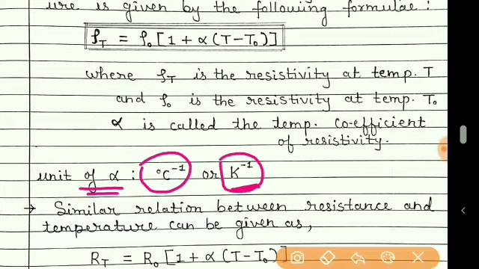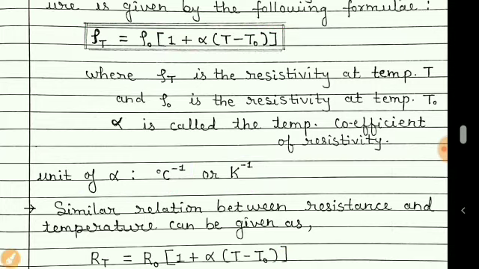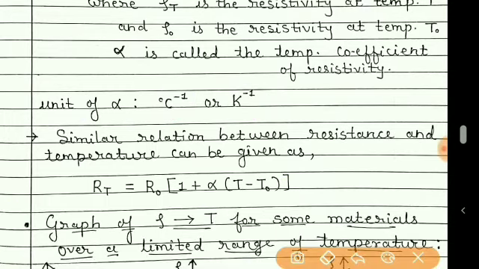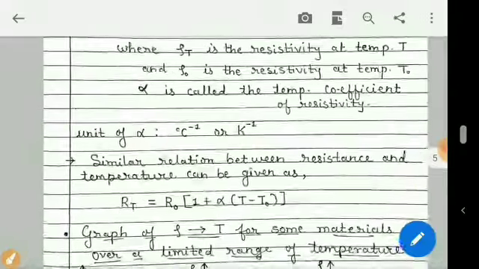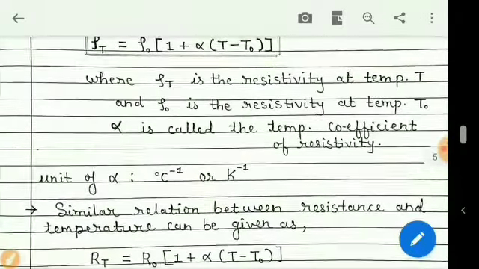Now students, whenever there is a temperature dependence of resistivity, we will use this formula, and a similar formula is used for temperature dependence of resistance. It is not different, it is similar to this only.